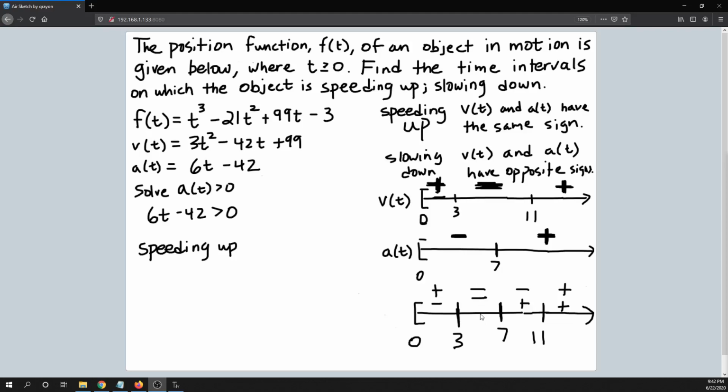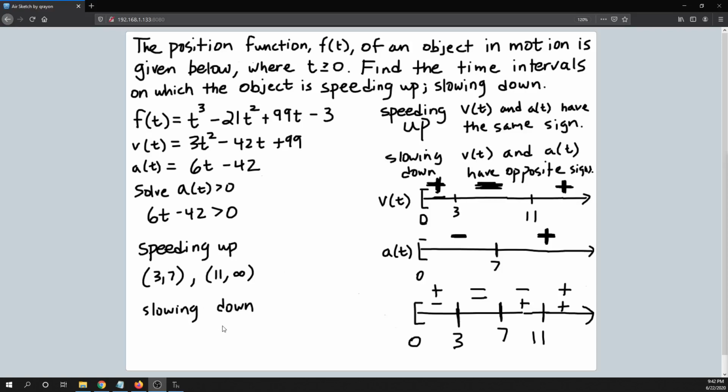So that's going to be right here between 3 and 7, and on this interval from 11 to infinity. I usually don't write the union sign on here. I usually just list them by commas. Your teacher might want you to put the union sign, but I actually think you technically shouldn't do that.